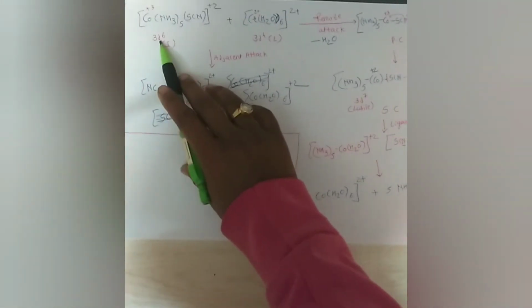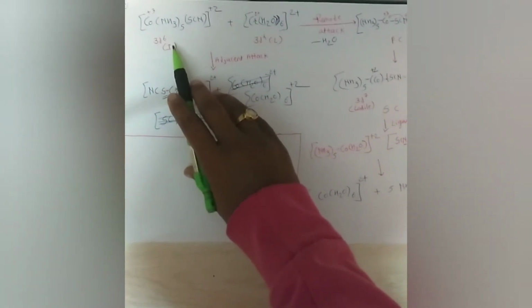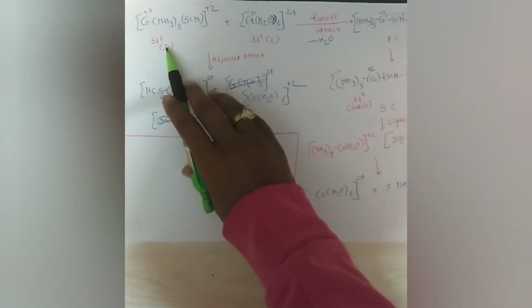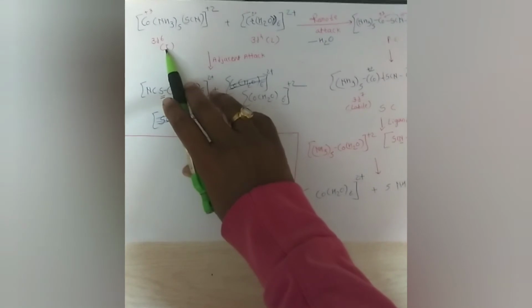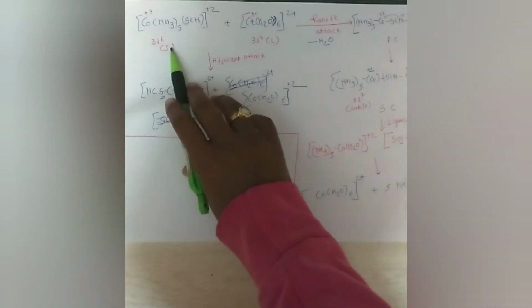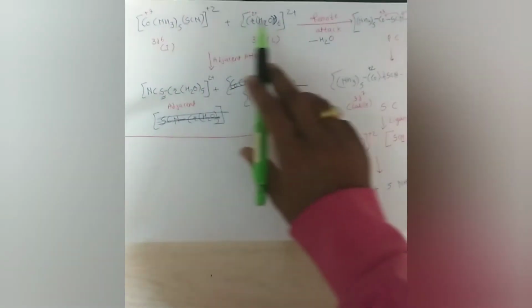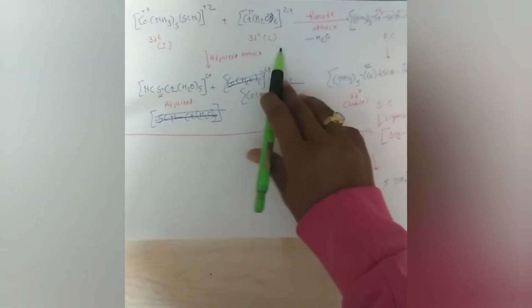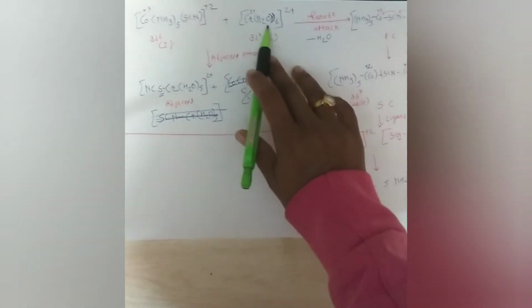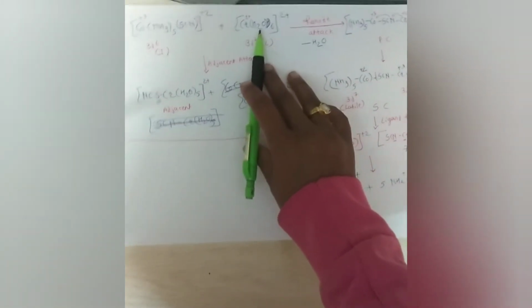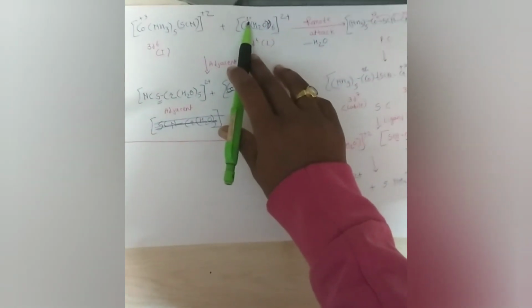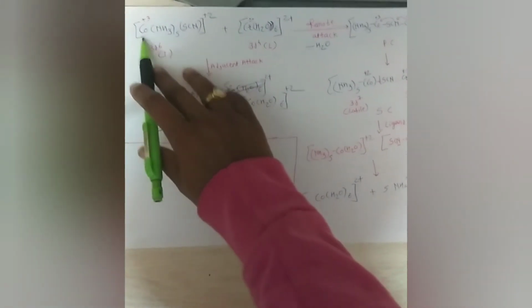If our complex belongs to d6 and d4 and the 3d or 4d series, then the complex acts as an inert complex. In this case the complex acts as a labile complex, because it is a weak field ligand. The chromium has +2 oxidation state, and in this particular case the cobalt has +3 oxidation state.